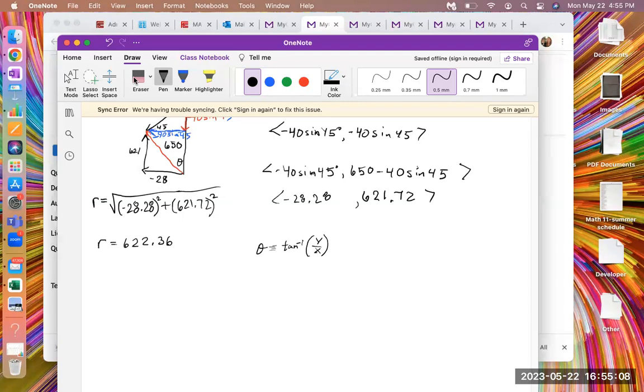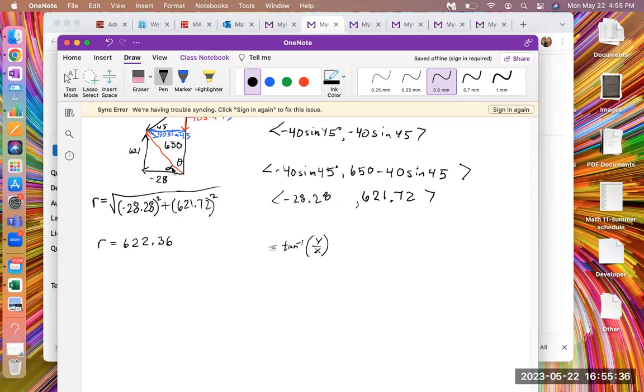I'm not going to call it theta here, because I remember calling the other angle theta. So this angle is formed by drawing in your horizontal and vertical components, it's right here.